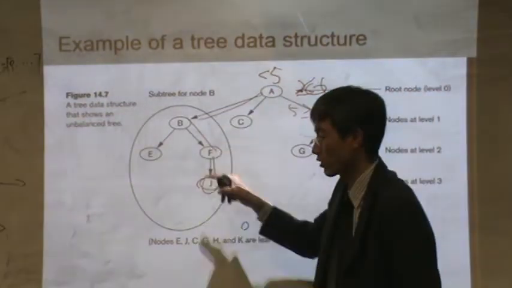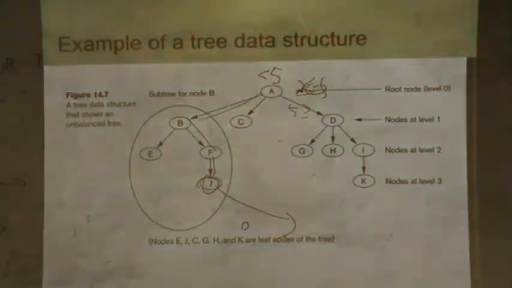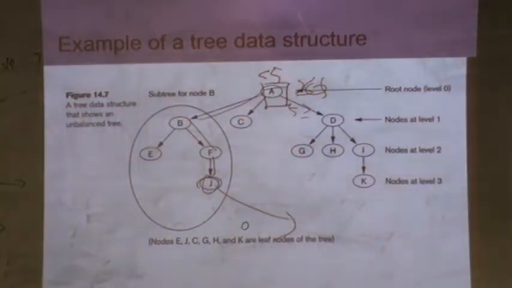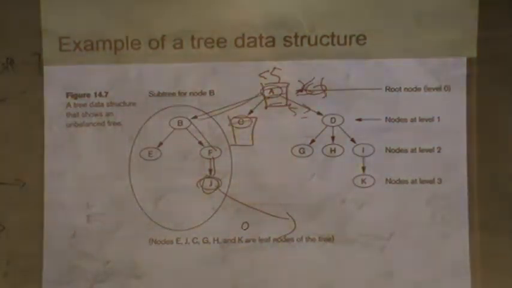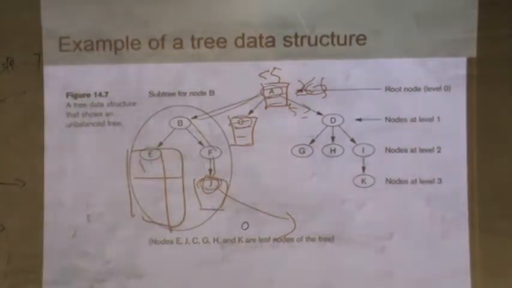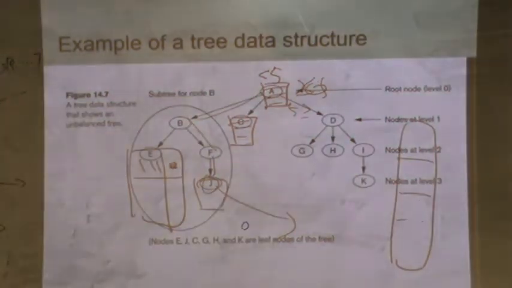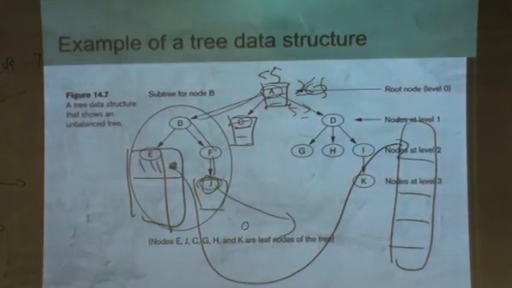Each node has such a thing. So in other words, we can redraw the tree structure like this: block, block, block, and each block has a pointer to where? This is the data file, the data file pointer.